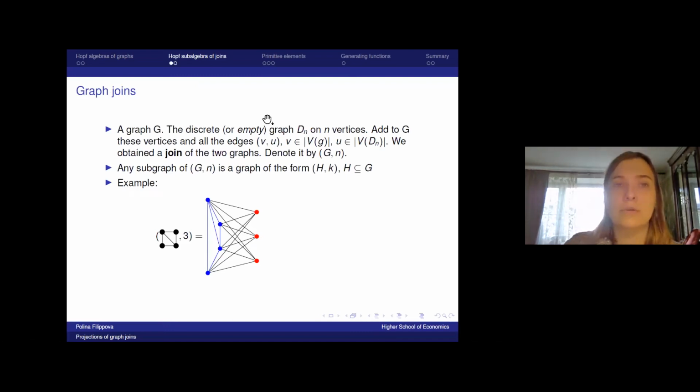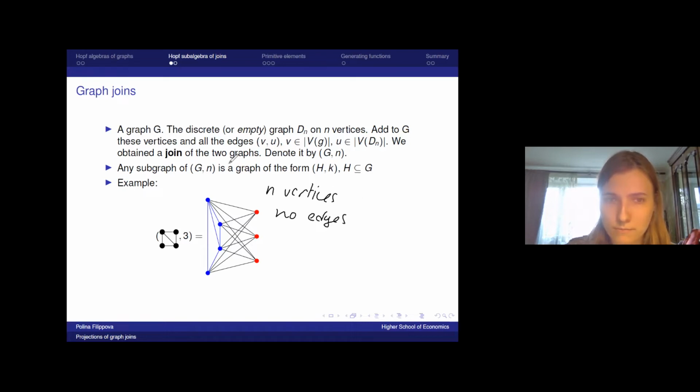Now I will speak about graph joins and the subalgebra generated by some graph joins. We are interested in graph joins with a discrete graph or an empty graph. So a graph with n vertices and no edges. We take a join.